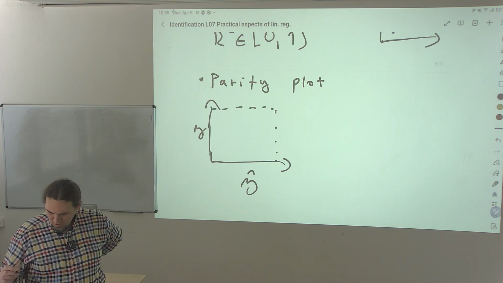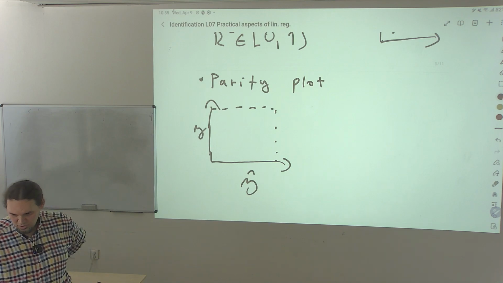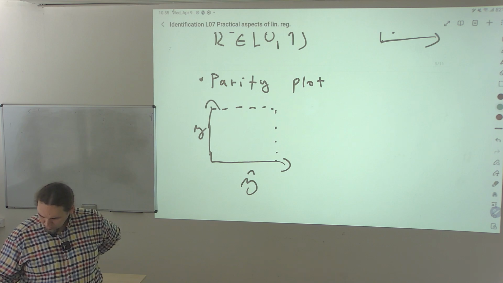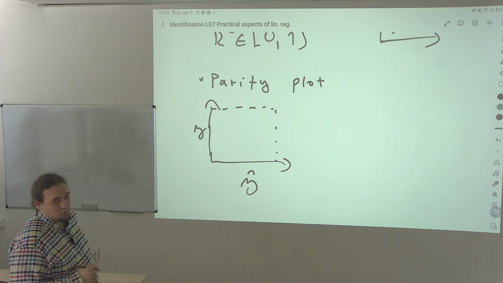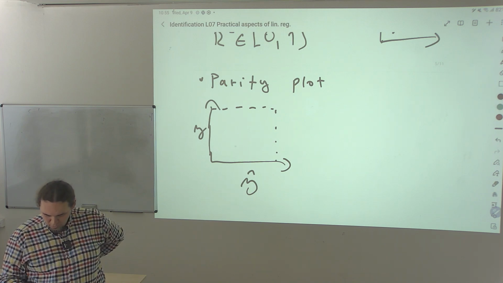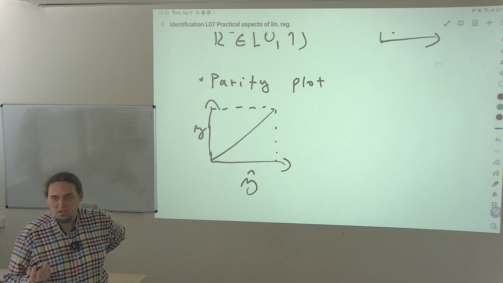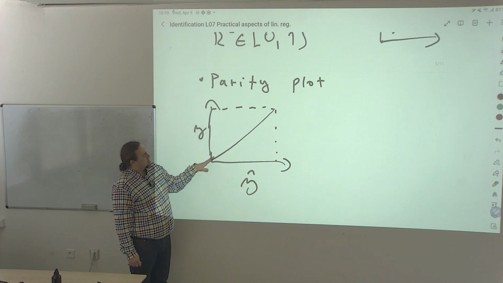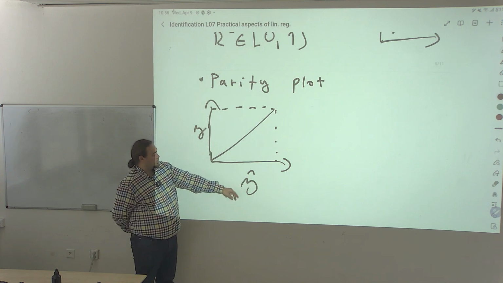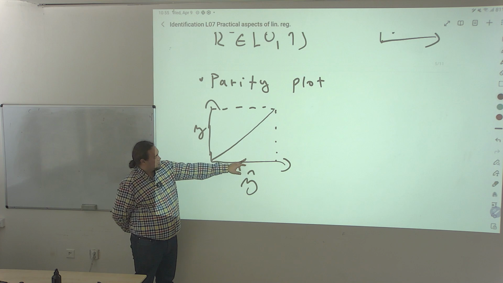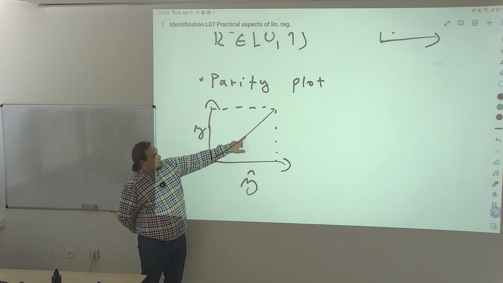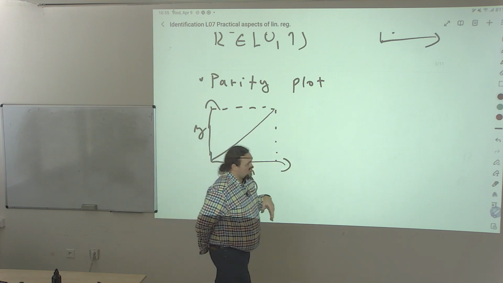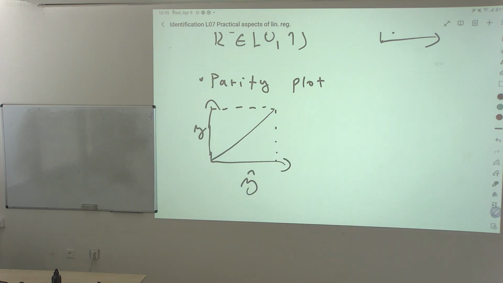So if the best model we found were good, then what we would observe is basically this diagonal line, which means what? The value that our model predicts is exactly the value that our data observed.